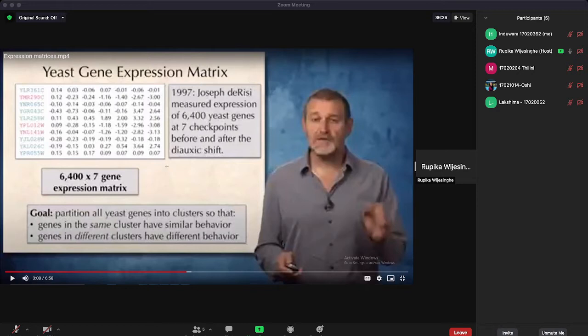when you have several clusters, we know that clusters means groups.